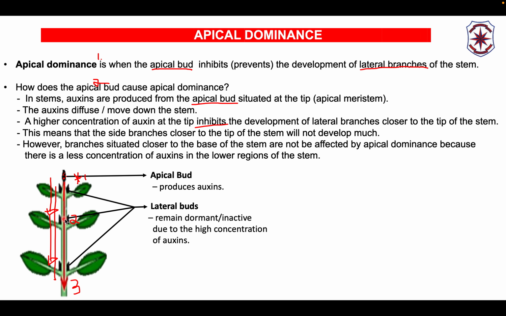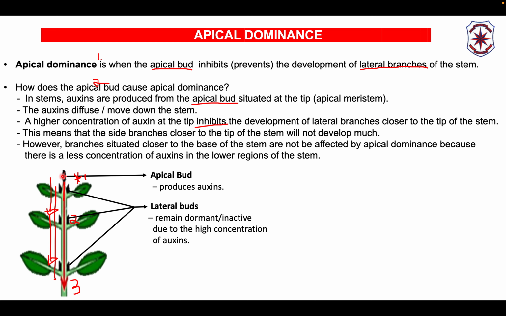Region 2 will have less auxins than region 1, and as we move down the stem, region 3 will have the least concentration of auxins. Let's look at that bullet again. A higher concentration of auxins at the tip inhibits, remember the word inhibits means prevents, the development of the lateral branches closer to the tip of the stem.